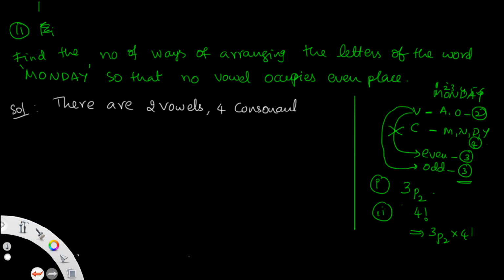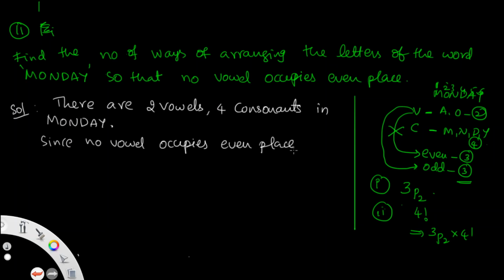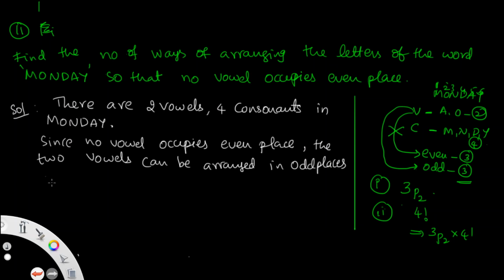Since no vowel occupies even place, the two vowels can be arranged in odd places in 3P2 ways.